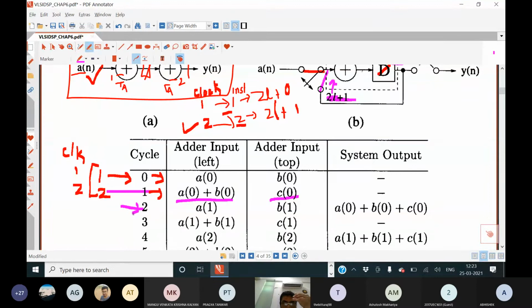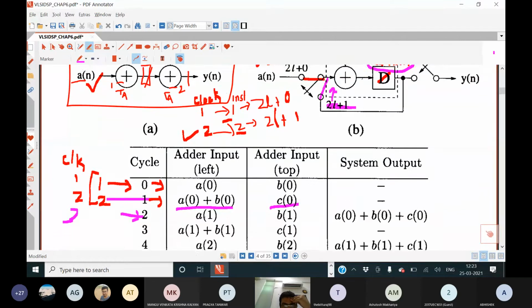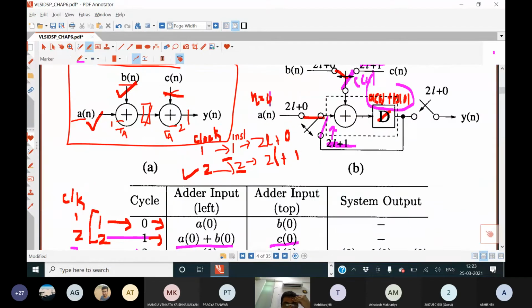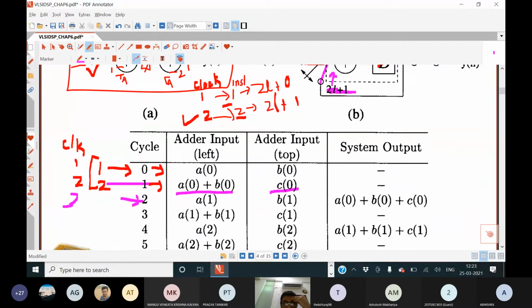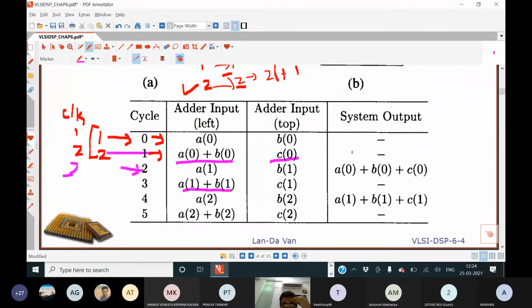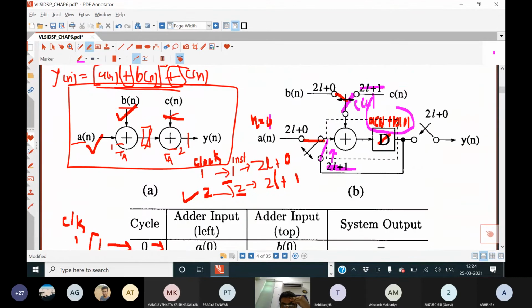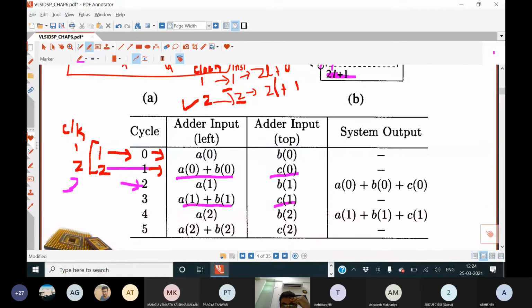Now in the next clock cycle, that means the second cycle, or by number, the third one. Okay, so third clock. At that time, again my n is equal to 1 will be applied. Now the next set of input will be applied. So A1 and B1, again it will be added, A1 plus B1, which will be stored over here, and at the same time the switch will be in this position and C1 will be generated.